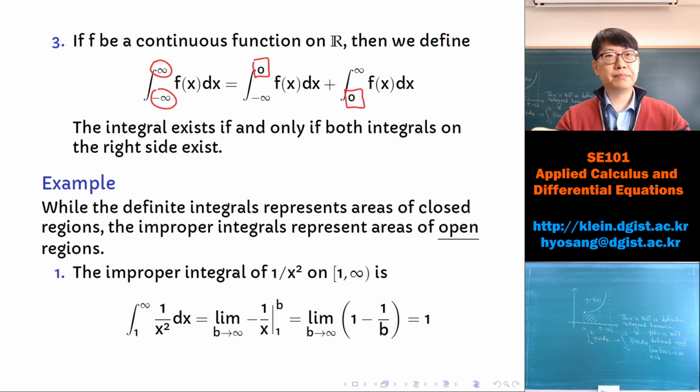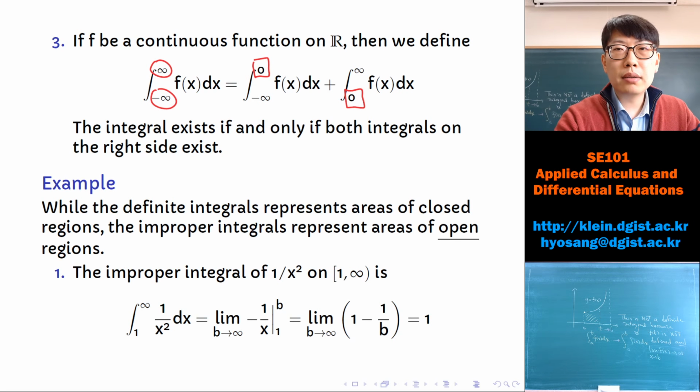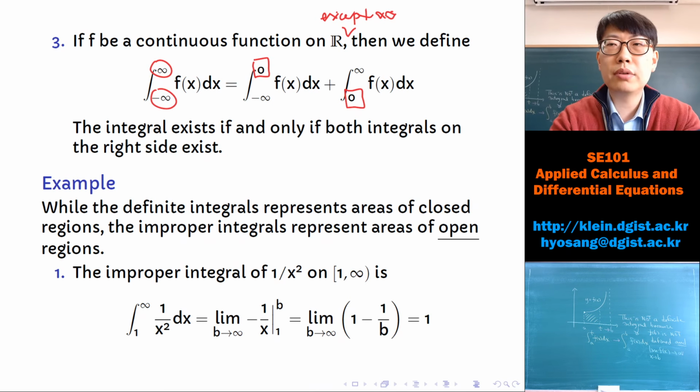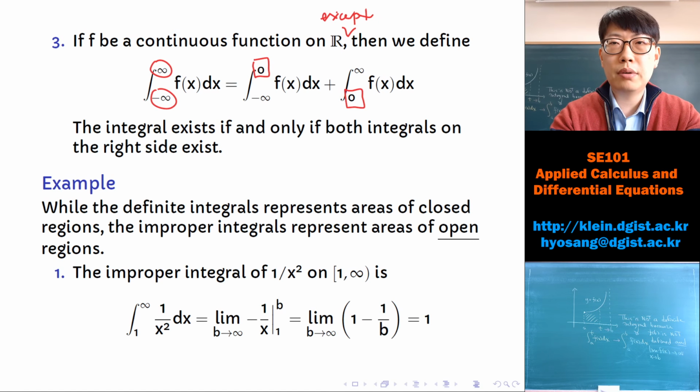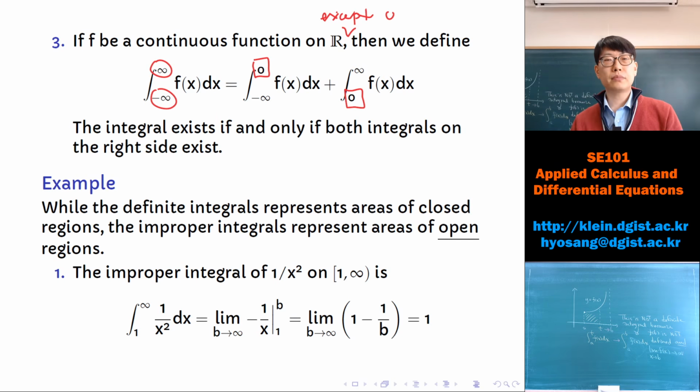I'm sorry, this is a typo. f is a continuous function on R except the point 0.